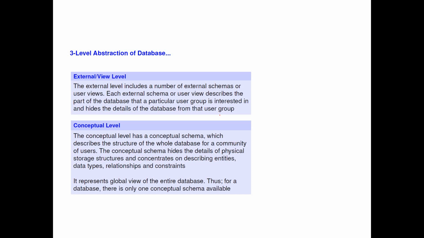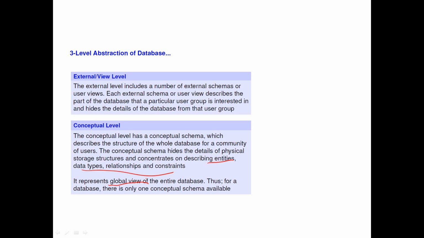So that means here it is dealing with the entities, the data types, relationships, constraints, but it is never telling about the physical structure details. Another point you must understand from this conceptual level is that for a single database we can have the global view by this conceptual level only.